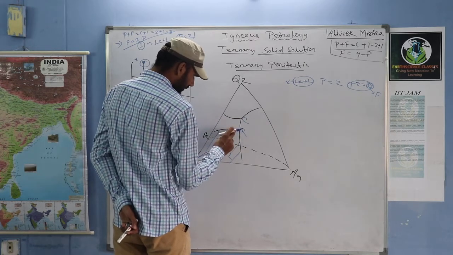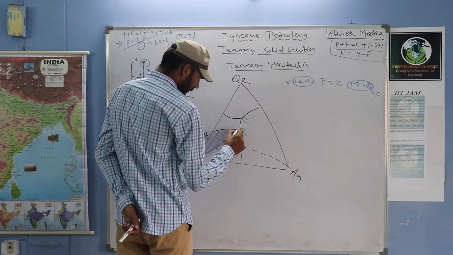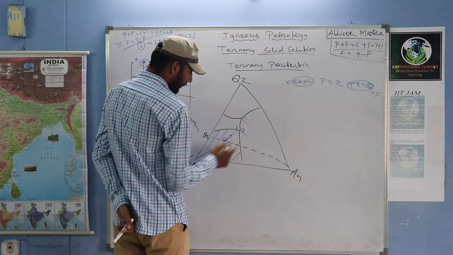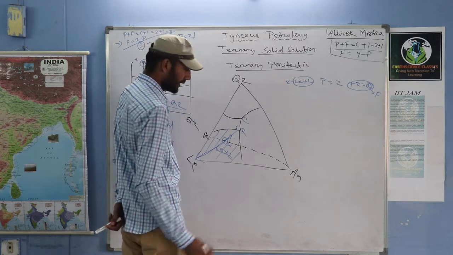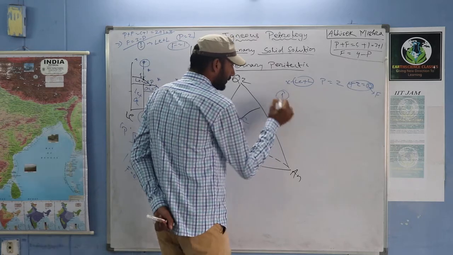So let me erase this line so that you can understand. Okay, so from X to, let's say, 1, what will happen? From X to 1 you are getting leucite plus liquid. At point 1 what will happen?